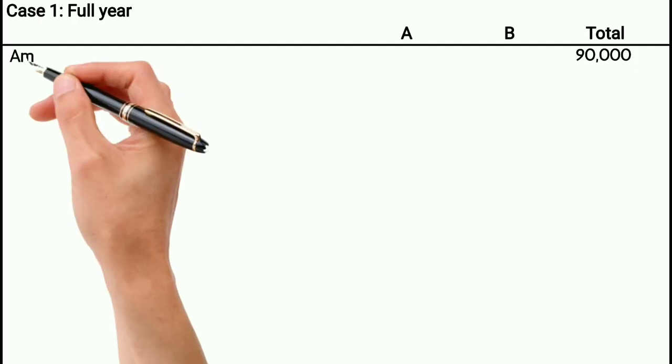And take note, yung 90,000 pesos na profit before salaries, bonus, and interest on capital ay for the entire year ng 20x1. Of course, before tayo makapag-provide ng journal entry, kailangan muna nating i-compute yung respective shares ng partners.